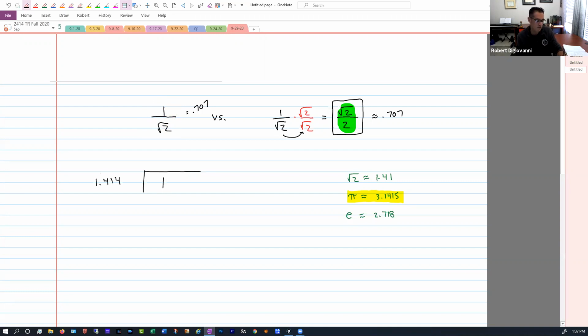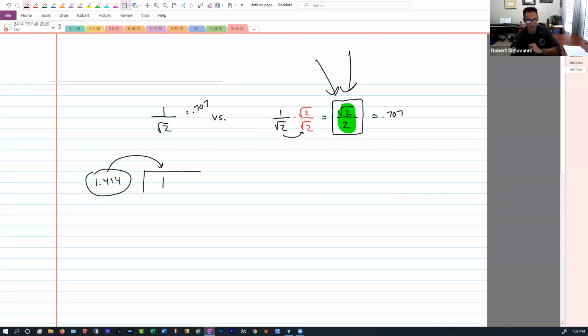Then you'd have to figure out what you multiply this by to get 1. And that's a difficult question. But compare that to what the question would become if you rationalize it first. What goes in the division box this time? The root 2, right? So 1.414 goes here, and outside goes the 2. And what's easier to do?